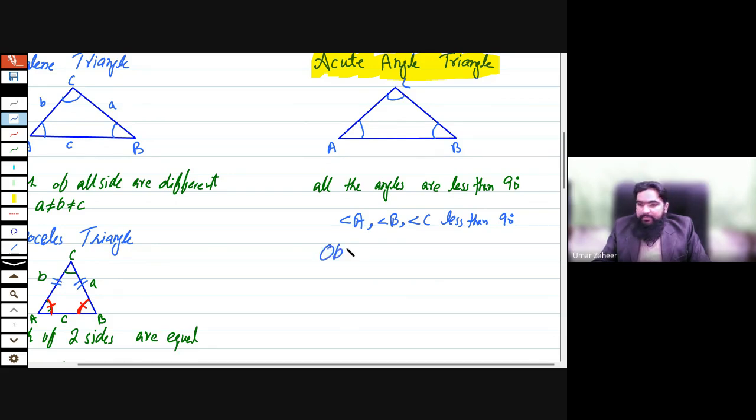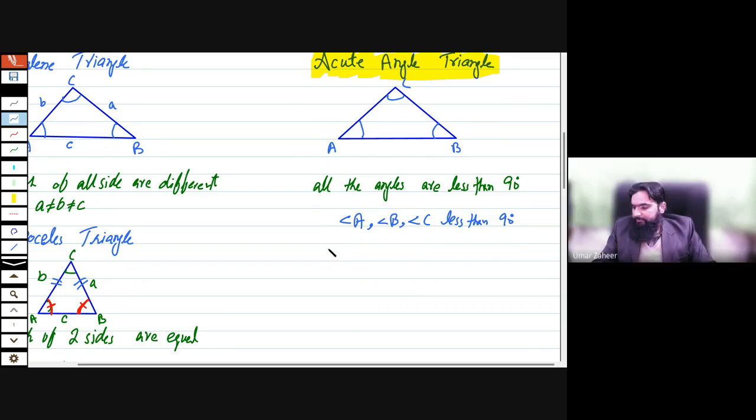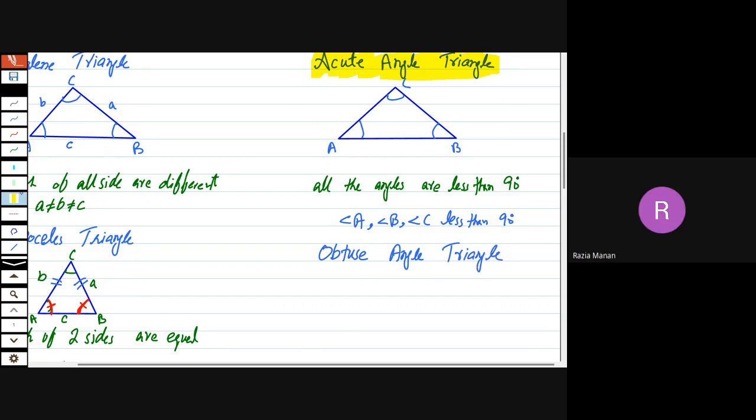Now next we have, yes, what is the next triangle, Safa? Safa, do you have an idea? Obtuse. Yes, the next one is the obtuse angle triangle. And what is an obtuse angle? Greater than 90 but less than 180.